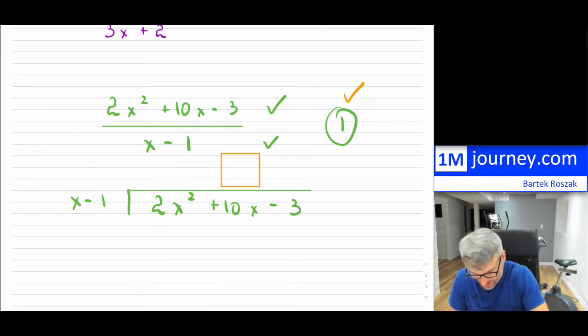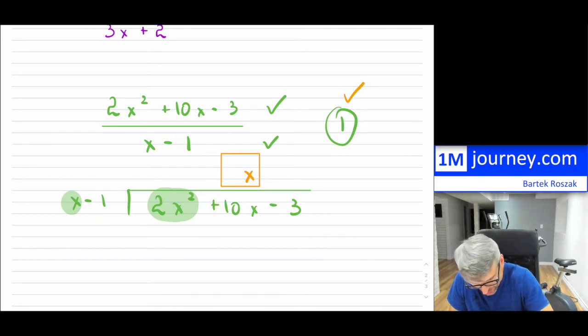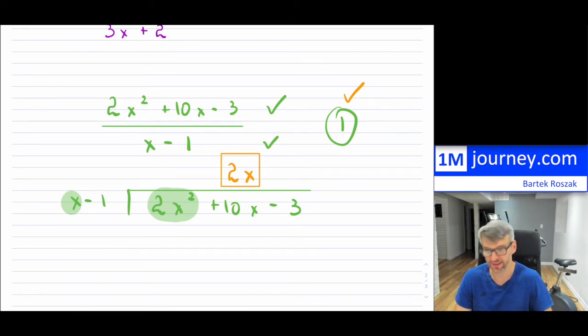So I want to be able to cancel off this 2x squared right here. So how do I do that? So first thing that I do is, all right, I take a look at this. I know that I'm going to have an x. Okay, so here's my x, because x times x is going to be x squared. And now I'm going to have to put in a 2 in front of it, because 2 times the 1, right?